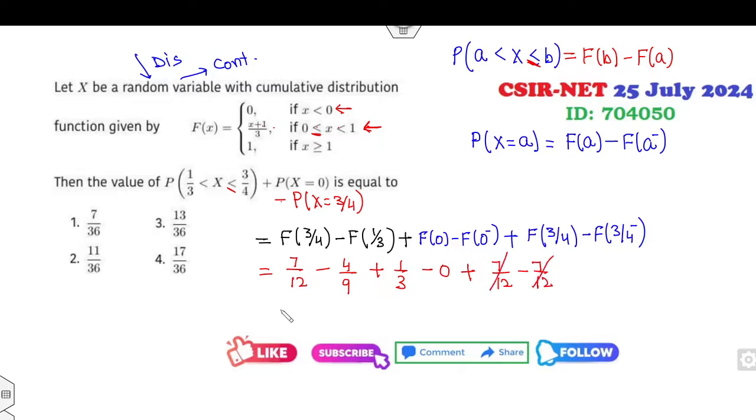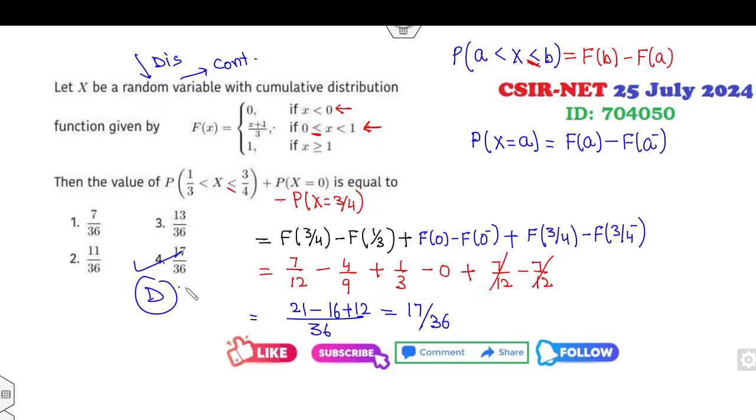Now you can take the LCM, 36 is my LCM. 12 into 3, 9 into 4, plus, so that will be 17 over 36, which is the right answer of this problem.